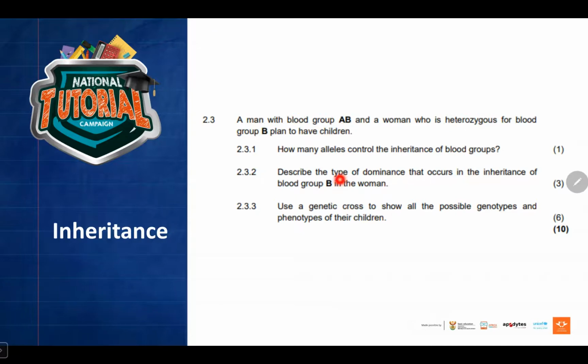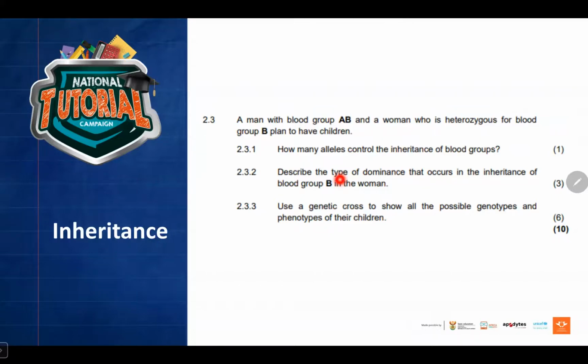They plan to have children. So 2.3.1, how many alleles control the inheritance of blood groups? I've already just given you the answer. There are 3 types of alleles that control blood groups.